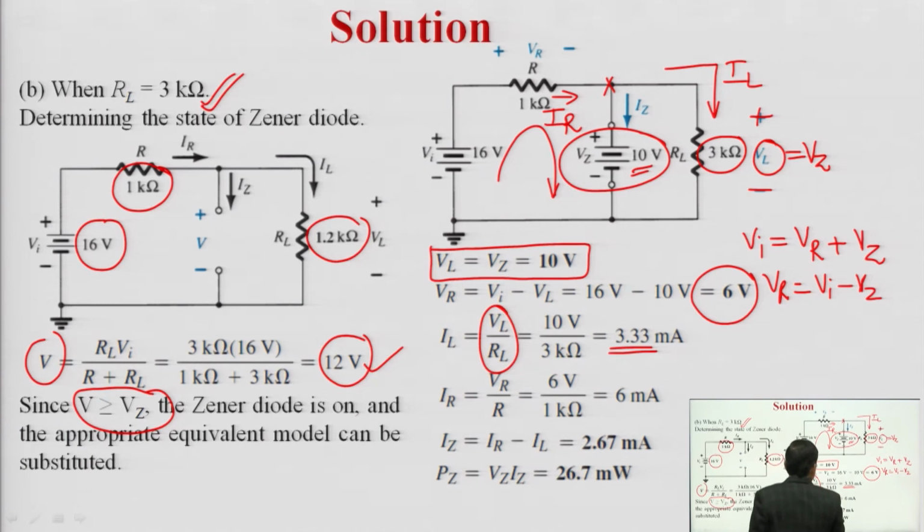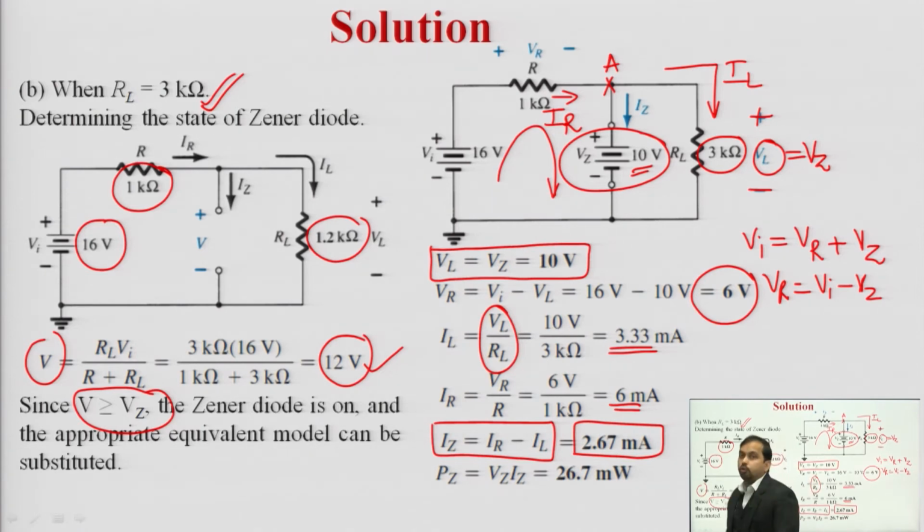So, IR equals VR by R, and this is 6 milliampere, and we will be utilizing this KCL equation at this particular node. Let us say it is A. So, the current which is entering into the Zener diode is 2.67 milliampere.